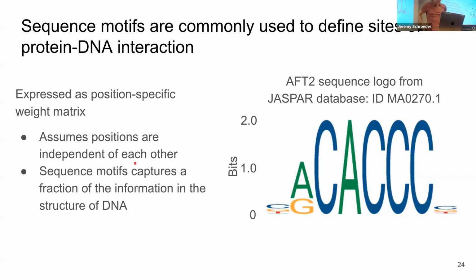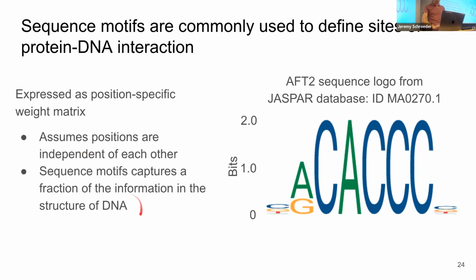Some issues with these are that they assume that each position of the DNA is independent from every other position of the DNA. And we just know that's not true biophysically, right? If we change a base pair at one position, you'll get local changes in the shape of the DNA up to 2 or so nucleotides away from that single changed base pair. So it's just not true that these positions are independent of each other.